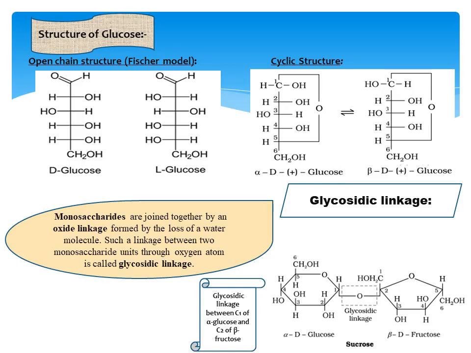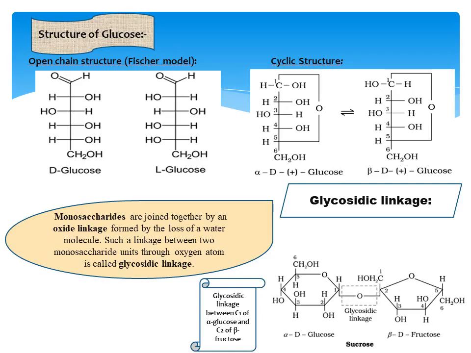See downward, here I have given a figure of sucrose. When you hydrolyze sucrose, you get glucose and fructose, isn't it? So here, on the left hand side you have alpha D glucose, on the right hand side you have beta D fructose, and they are bound by an oxygen linkage.